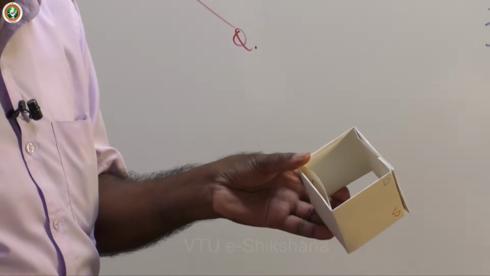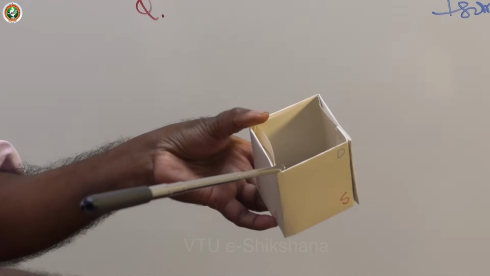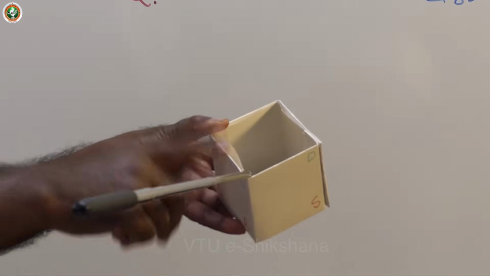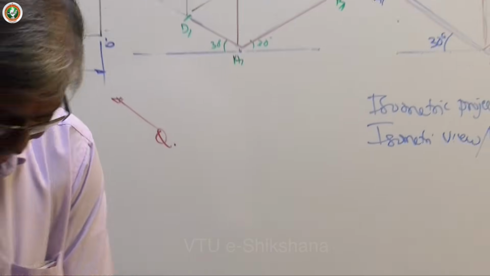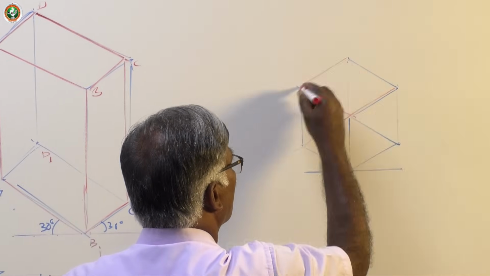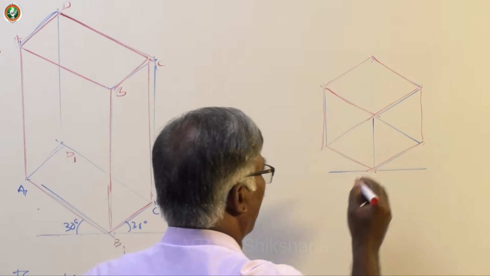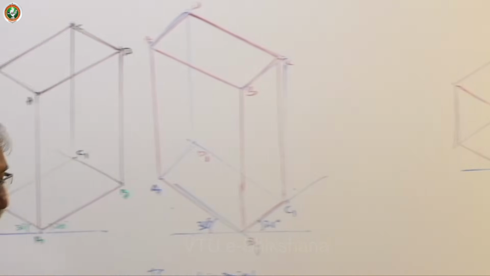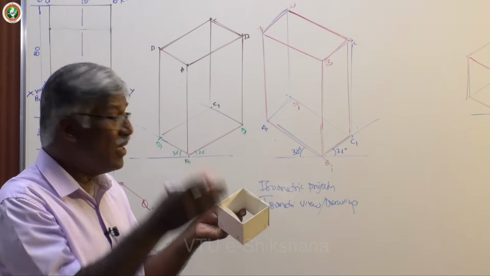If this solid diagonal is perpendicular to VP, parallel to HP, and you look from this direction, this top face, a square, appears as a rhombus. I have drawn this figure for reference. Already we worked it out. This is the top face of the cube when one of the body diagonals, PC, is perpendicular to VP and parallel to HP. See, this is ABCD PQRS.